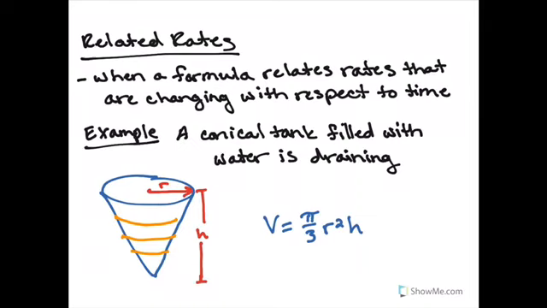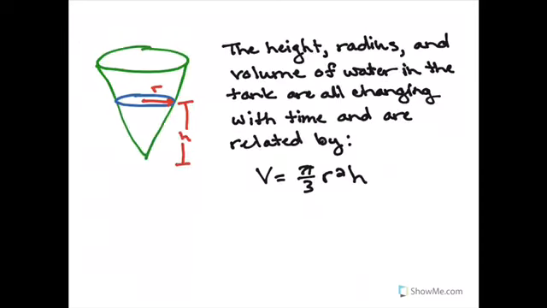Most calculus textbooks have them either on the inside of the front cover or the inside of the back cover, all the geometric formulas that you might need for these problems. But the formula for the volume of a cone is pi over 3 r squared h. So as time goes on, the height, the radius, and the volume of the water are all changing.